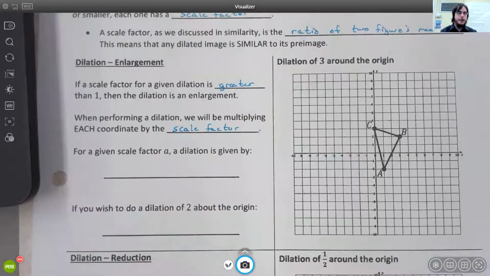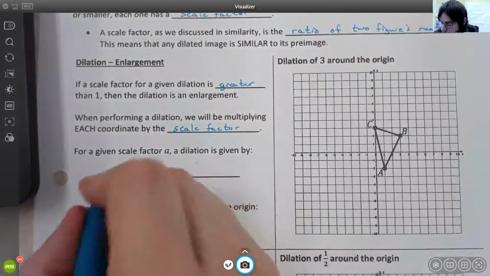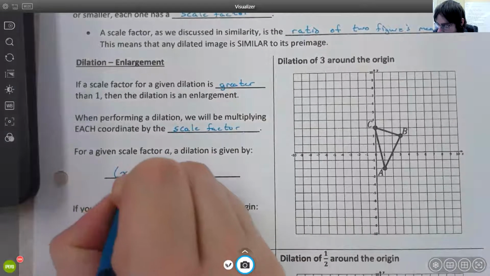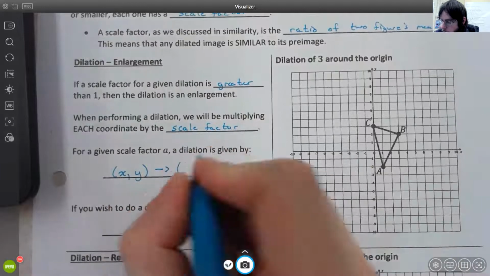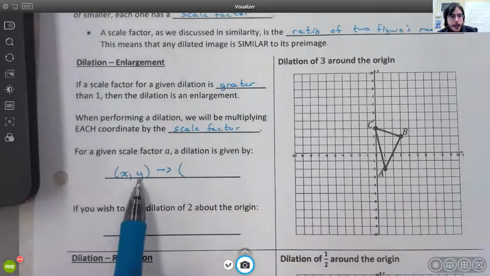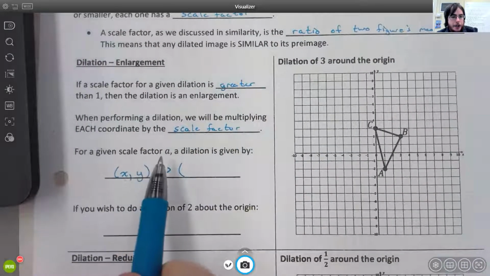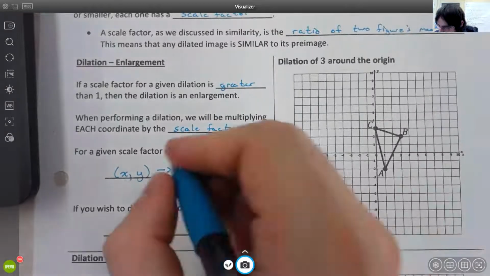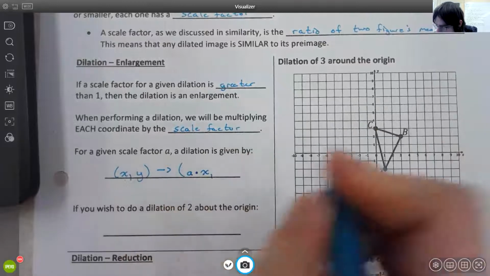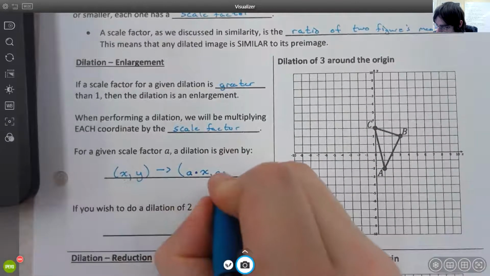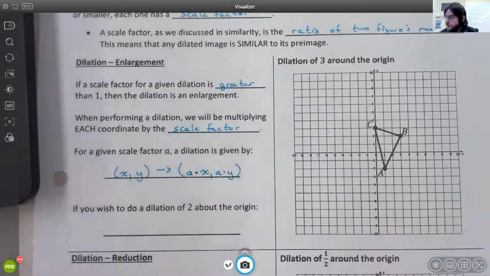For a given scale factor a, the mapping rule is (x, y) maps to (a times x, a times y).